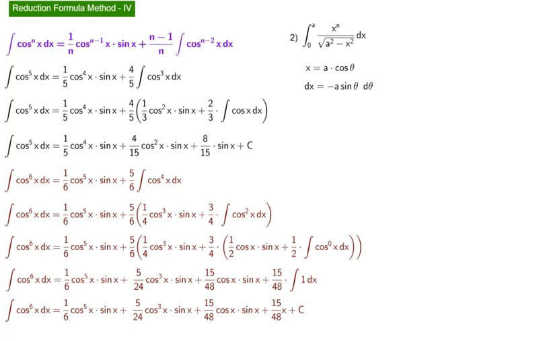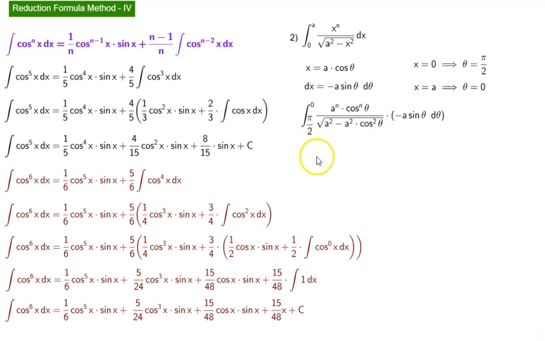Okay, whenever we do substitution, we have to take care of the limits. So when x equal to 0, theta will be equal to pi by 2. And when x equal to a, theta will be equal to 0.